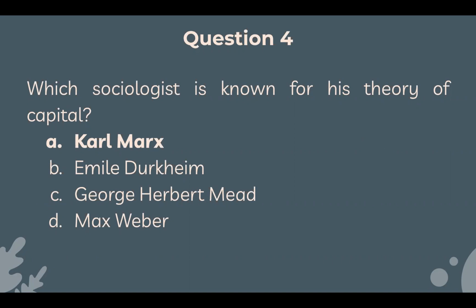Emile Durkheim is the co-founder of structural functionalism along with Herbert Spencer. The theory states that a society is composed of systems like the human body, which all must work together to keep the system functioning. George Mead's work was important for symbolic interactionism, which views society as composed of everyday interactions.